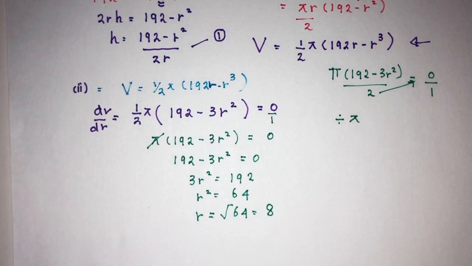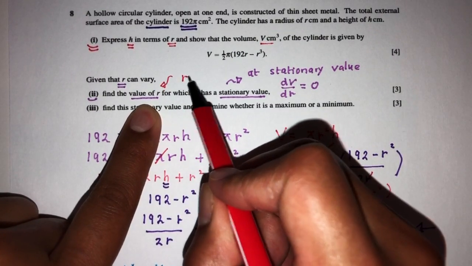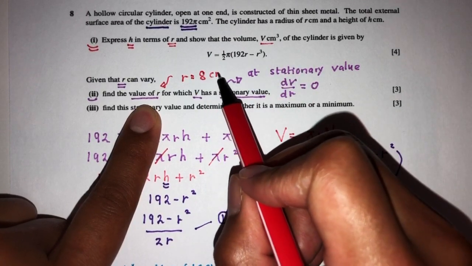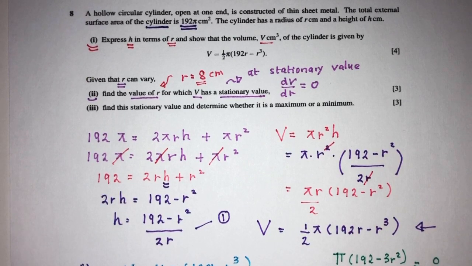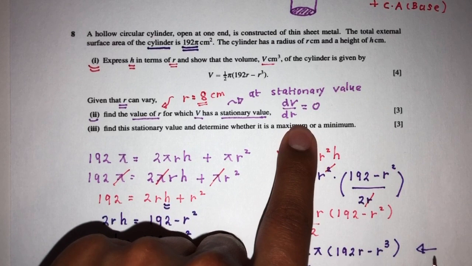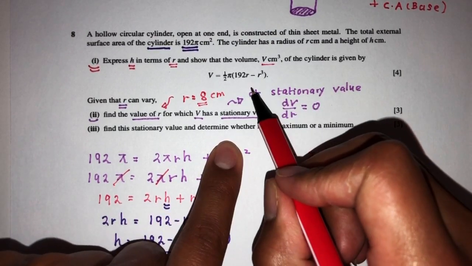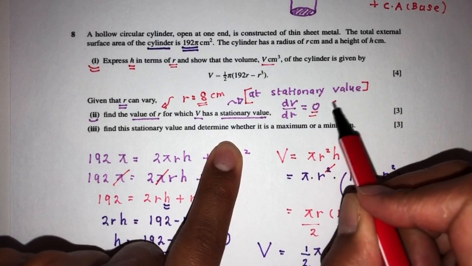So here the value of r was required, so we have r is equal to 8, and that will be centimeters for the unit. As you can see, we were able to proceed step by step. We used the previous answer here to find dV by dr and equate that to 0, because we know that we have to know this at the stationary value. This will be always the truth.